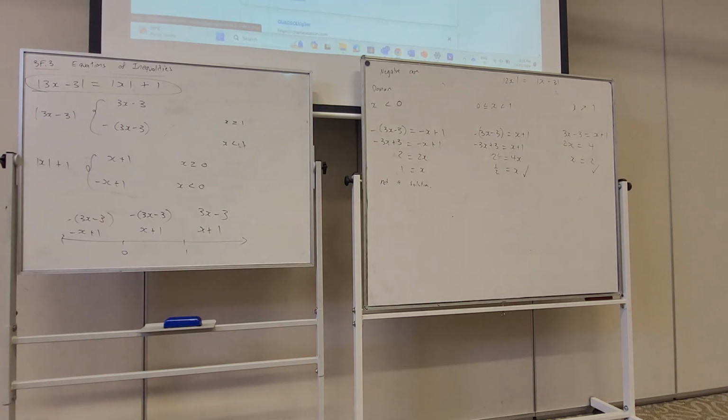Desmos. Show me Desmos. So, how do I bring up absolute value here? Modulus of 3x take 3. All right, that would be the first graph. Well, that's your y1. And the other graph we're considering is the modulus of x plus 1. Okay, so we can graph both of those.